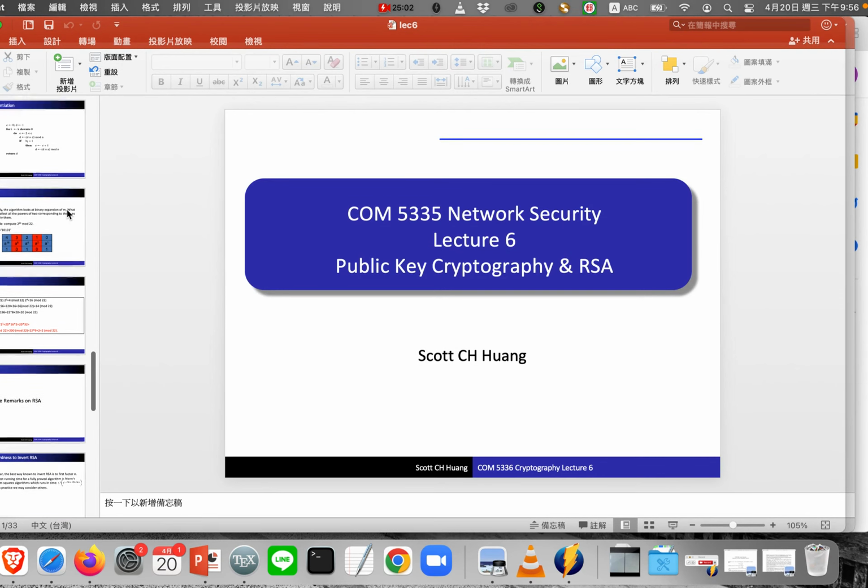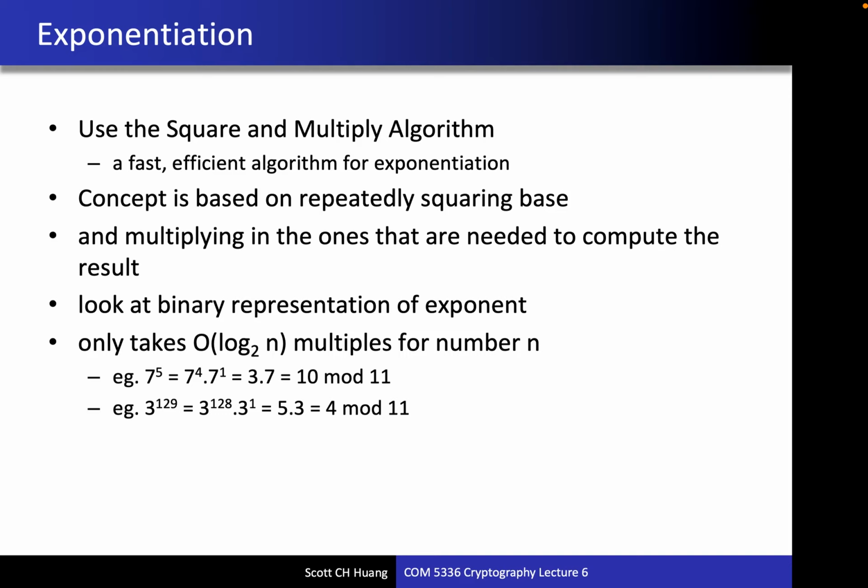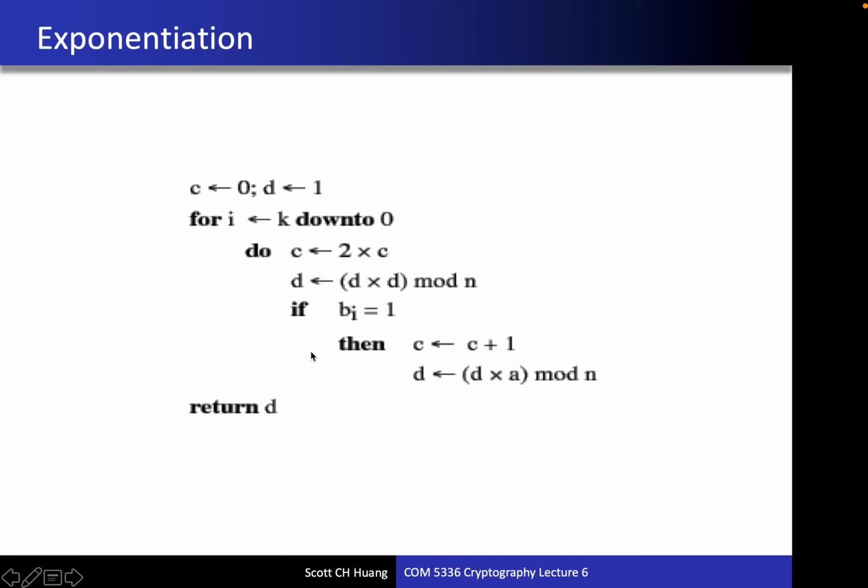So modular exponentiation, if you guys remember, we apply this algorithm to calculate a raised to the power of b mod n. This is how we do that. Now, let's take a look at the elliptic curve version.